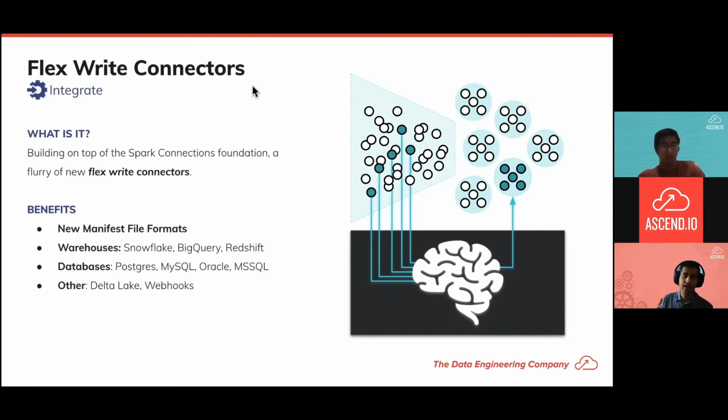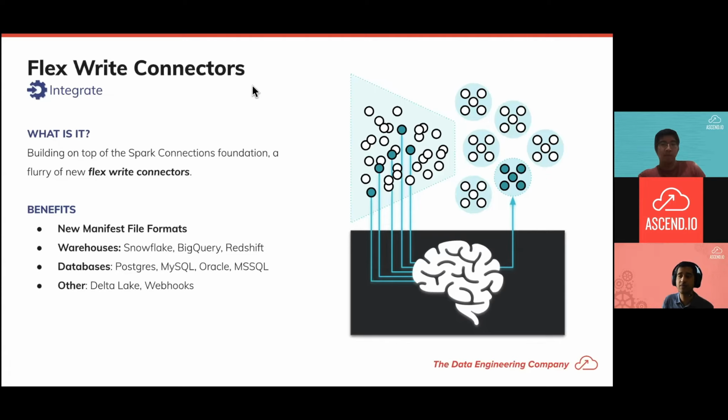So I've got some specific examples here on the slides of some manifest file formats, where we want to get more formats in the platform to better participate in things like Athena and other services like that. Revamping how we're doing the writes to warehouses so that we have more configuration parameters and can support more different styles.